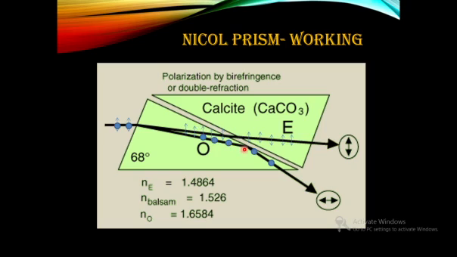The ordinary ray has a refractive index of 1.658, which is higher than the Canada balsam layer, which is 1.526, and hence the ordinary ray can undergo total internal reflection if the angle of incidence is greater than or equal to the critical angle.